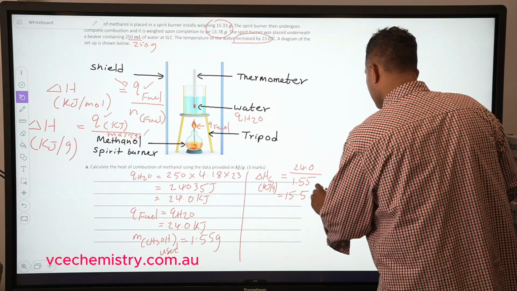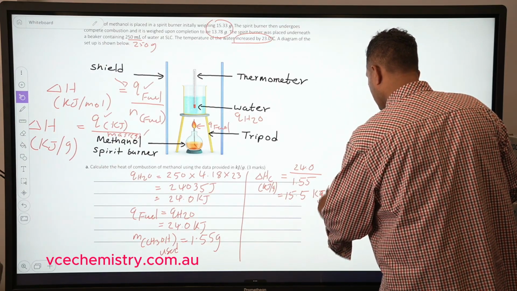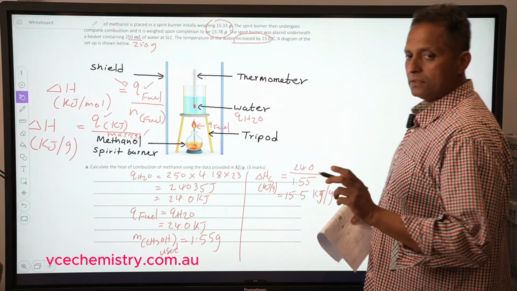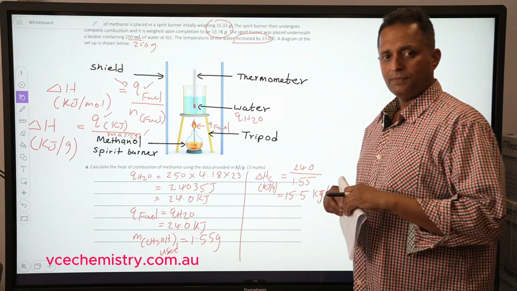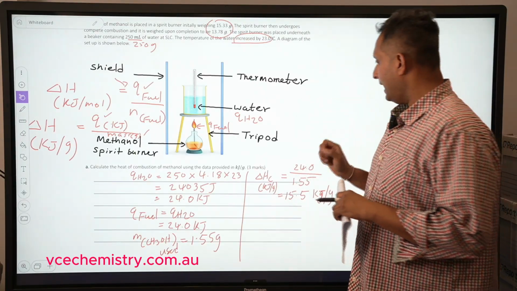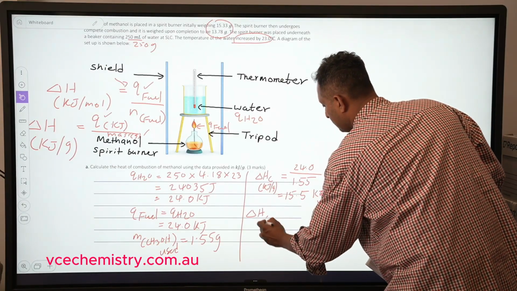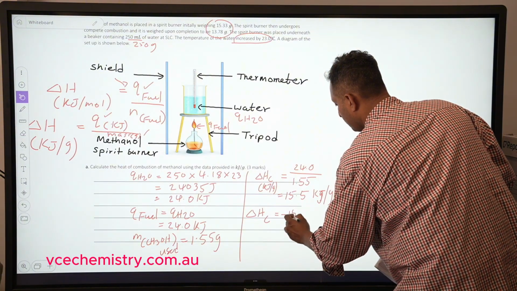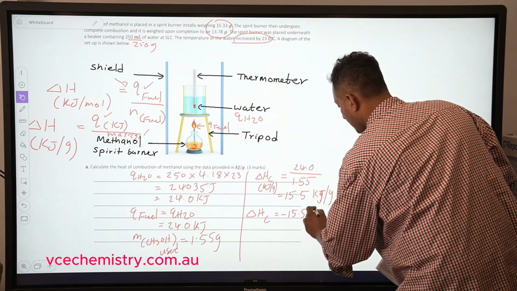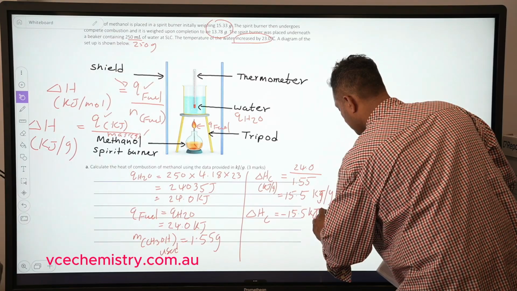Now this is an exothermic reaction, so the heat of combustion is a negative value. So delta HC is minus 15.5 kilojoules per gram.